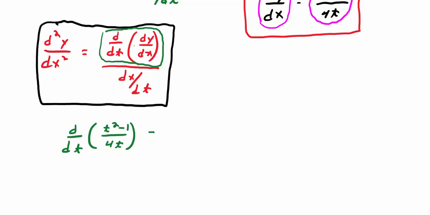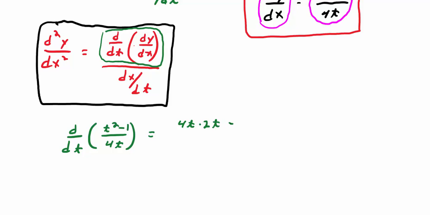Okay, so what rule do I need to apply here to find the derivative of (t squared minus 1) divided by 4t? It's a quotient, right? Let's use the quotient rule. Low d high minus high d low over low squared. The low function being 4t, the high function t squared minus 1. So what is low d high? 4t times 2t.